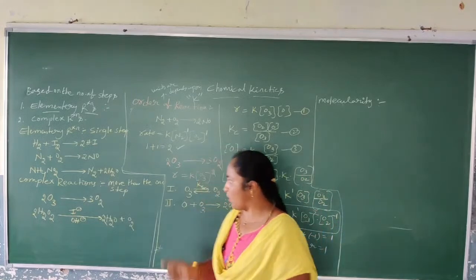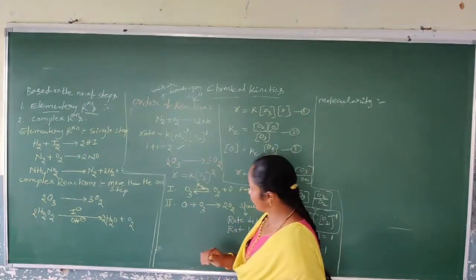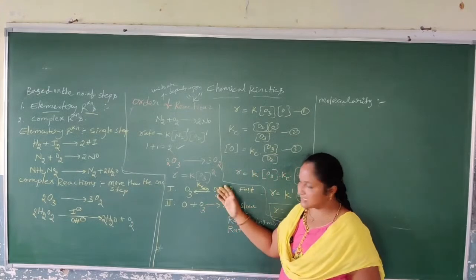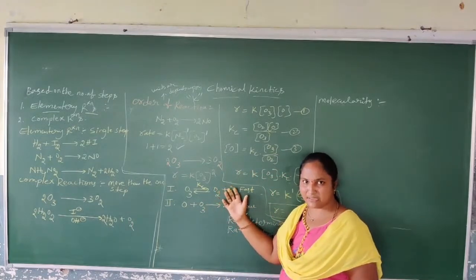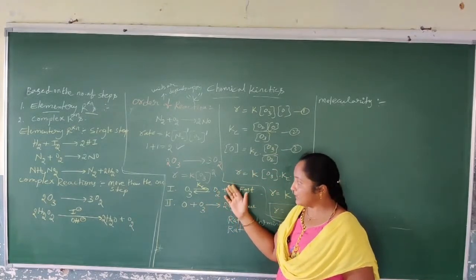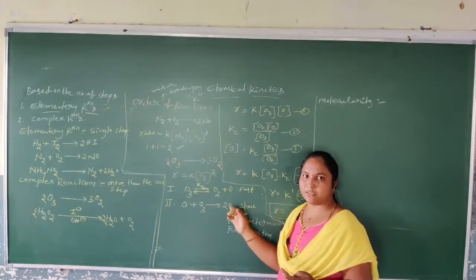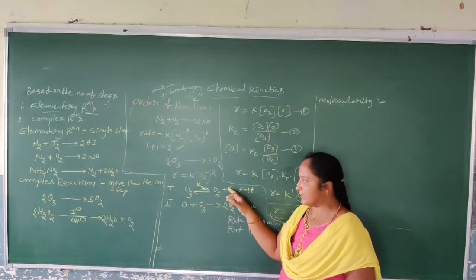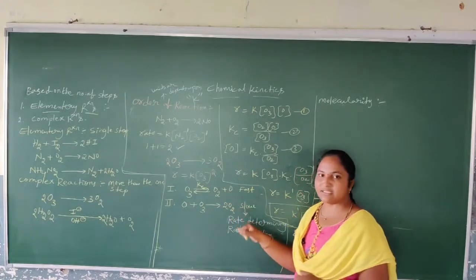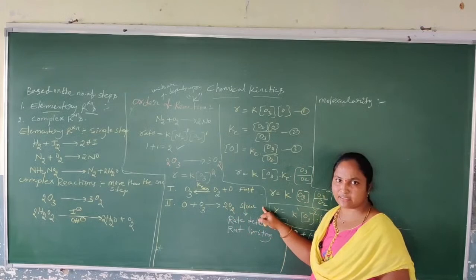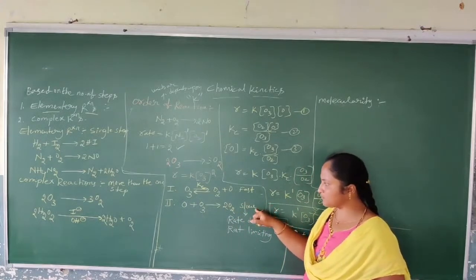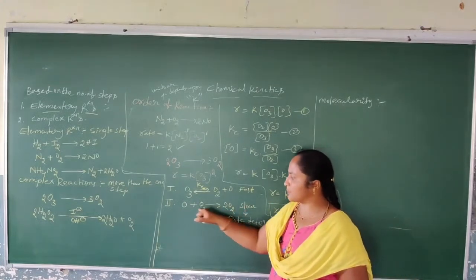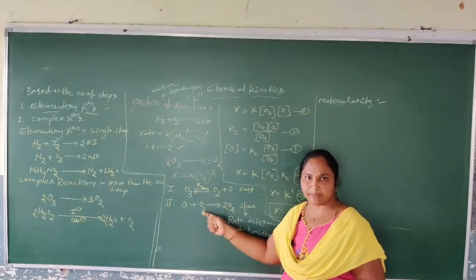Elementary step. In complex reactions, see one example. This is an example of a complex reaction, but it takes place in 2 steps. One elementary step, another elementary step. In the elementary steps, which one is the slow reaction? This is the slow reaction. In the slow reaction, how many molecules are present? 2 molecules are present.